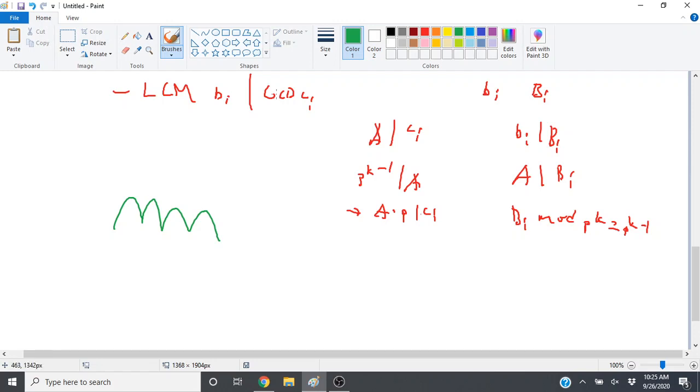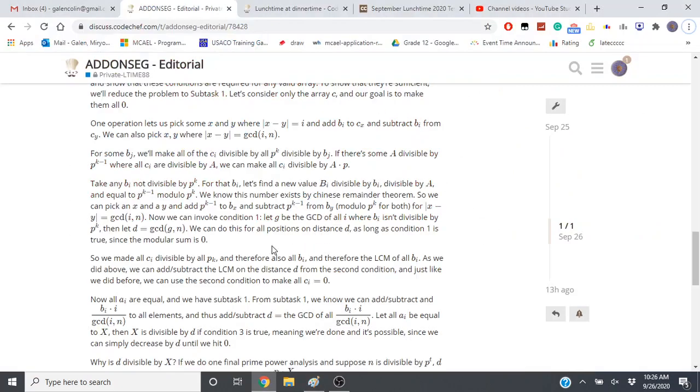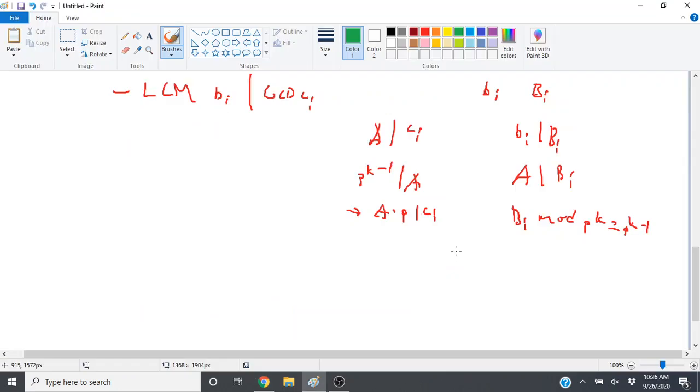We can affect any elements in this array, but we can't affect elements between them using only elements from this array. So basically here we invoke condition 1. And ultimately it's only possible to do this if all of these values modulo p to the k are equal to 0, which means that they're divisible by p to the k, which is condition 1.